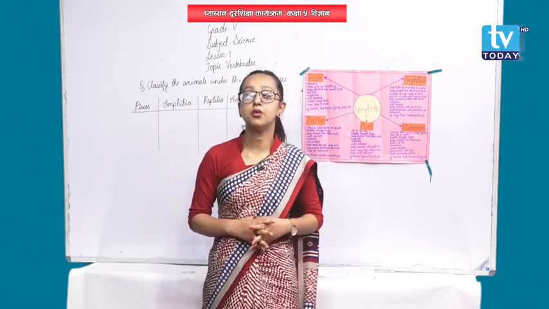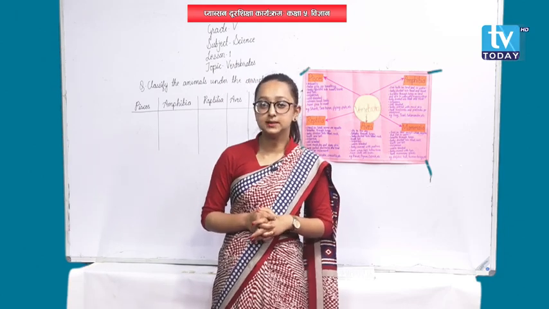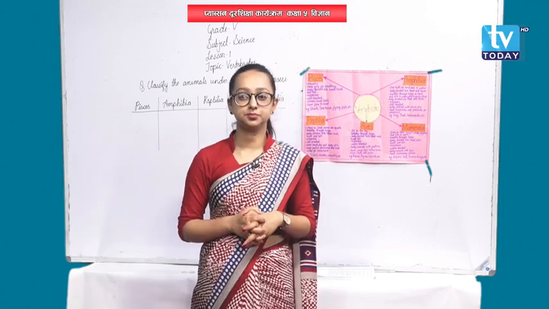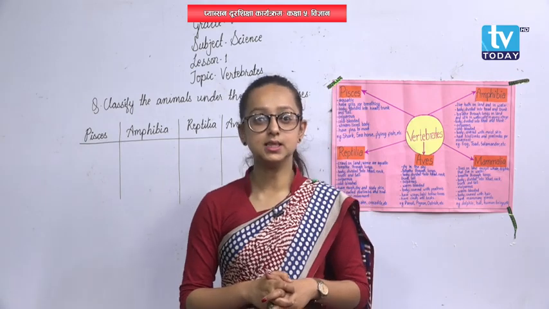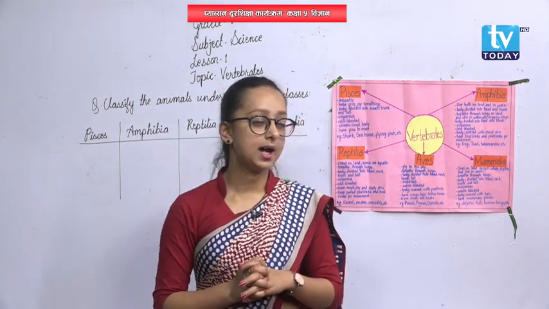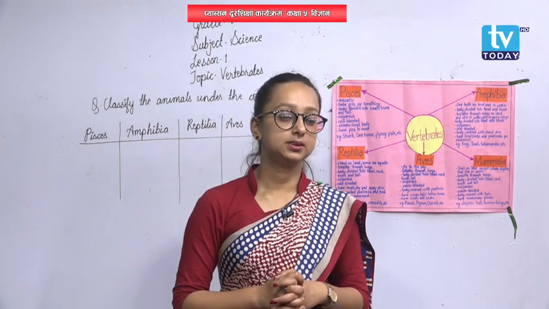We can take the example of human beings only. Human beings are also counted as mammals. They give birth to the young ones directly, isn't it? Yes. So mammals are viviparous animals.